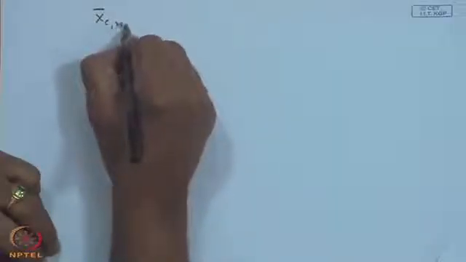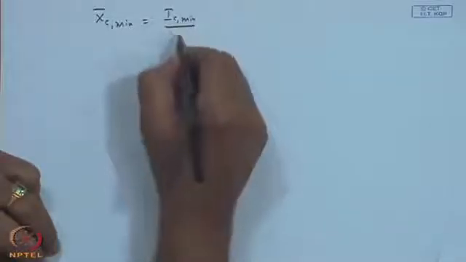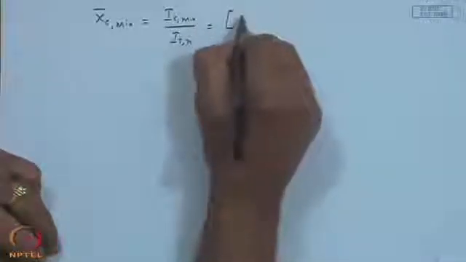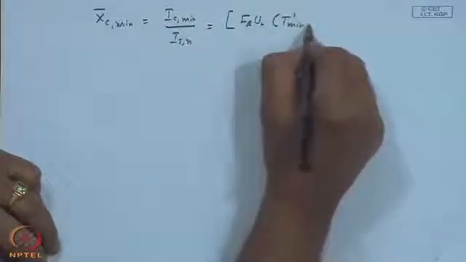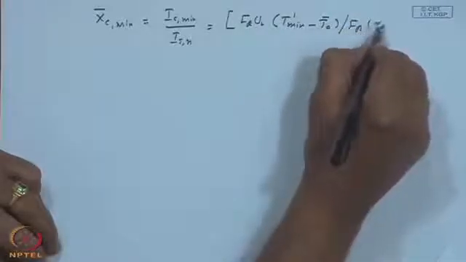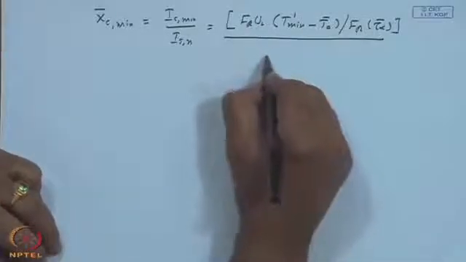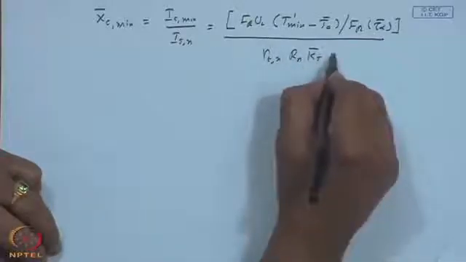If you want, you can now rewrite x_c bar minimum as I_c minimum by I_T noon equal to, everything is the same, F_R U_L, write (T_min guessed minus T_a bar) by F_R tau alpha bar over R_T n, R_n K T bar H z bar bar.